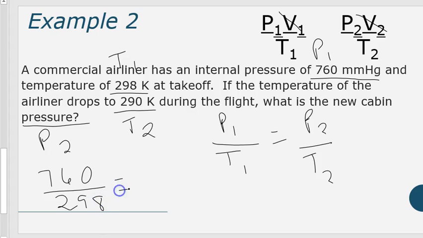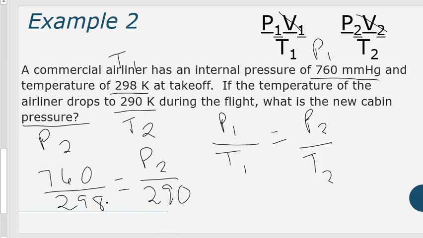298 Kelvin equals pressure 2, that's what we're looking for, divided by temperature 2, temperature dropped to 290, and we just cross multiply. So you can multiply these two together and divide by this.